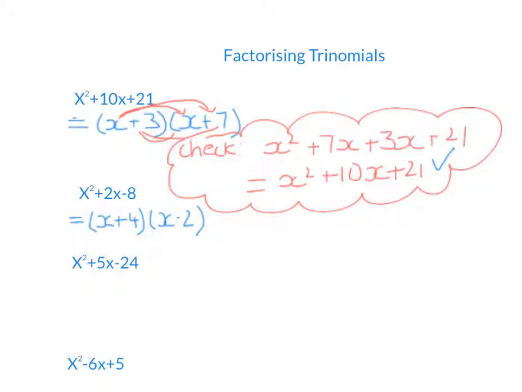So I'm going to do plus 8 and minus 3. Positive 8 times negative 3 is negative 24. Positive 8 plus negative 3 is 8 take away 3, which is positive 5.